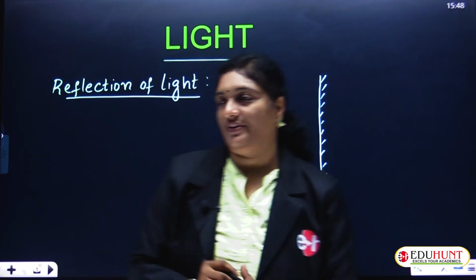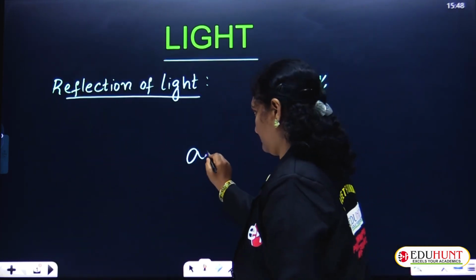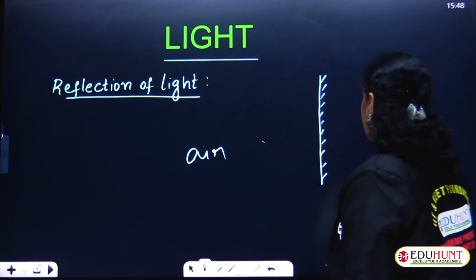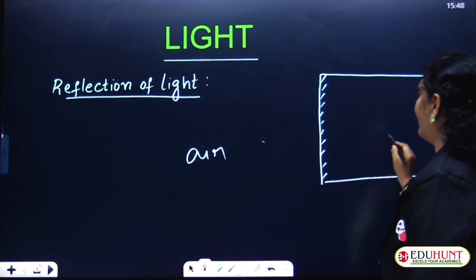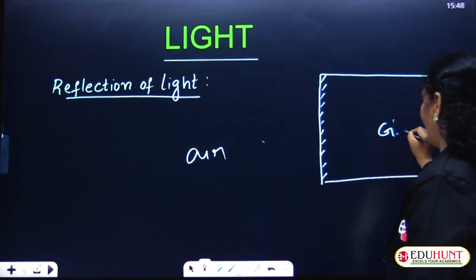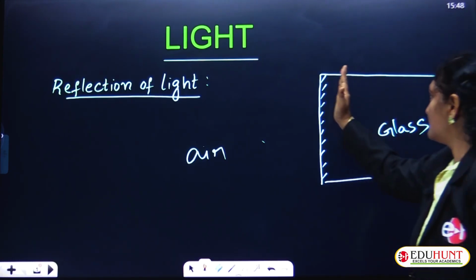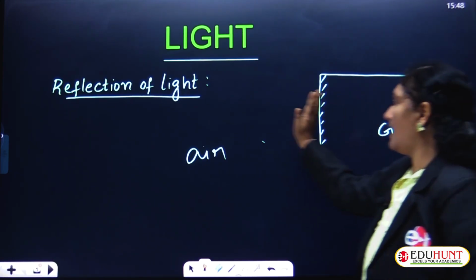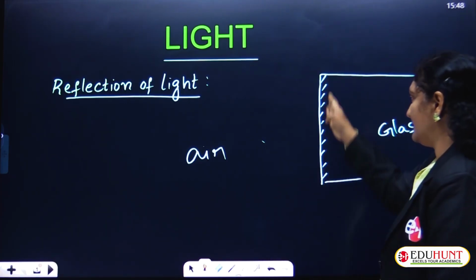It is an interface. This is completely air, the first medium. The deeper part might be water or glass or something like this. To make you understand, I'll consider glass. So this portion is glass and this portion is air. Okay, and this is the interface.